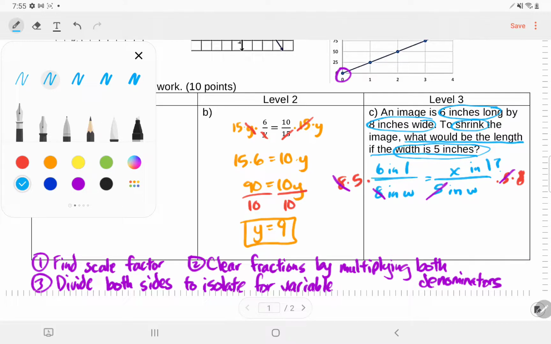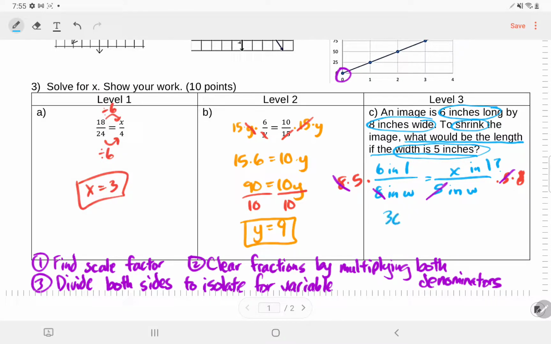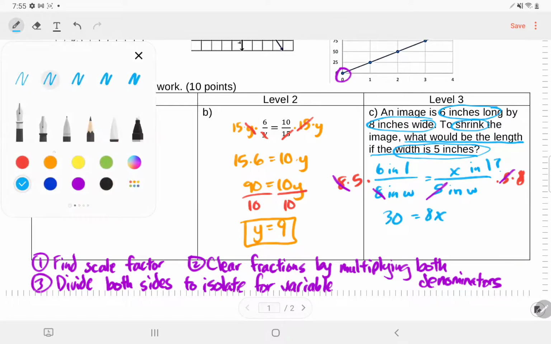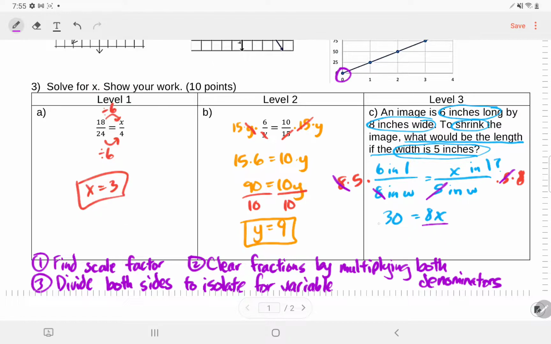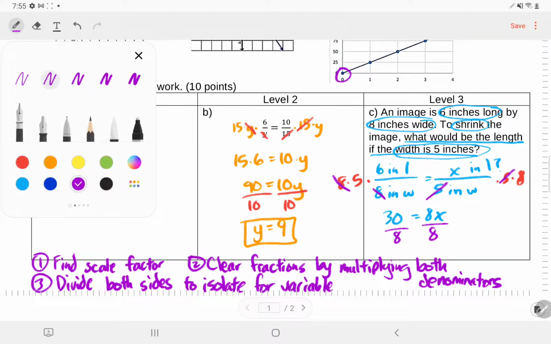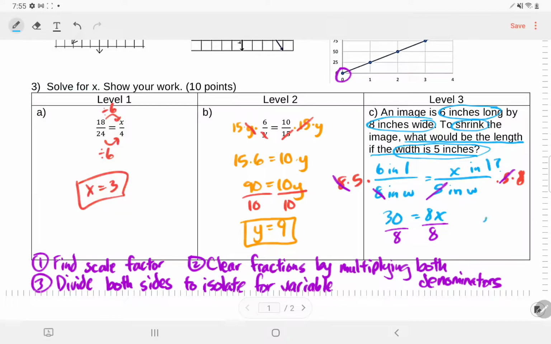Now we have 5 times 6, which is 30, and x times 8, which is 8x. We're going to divide by 8 on both sides to isolate the variable x. So divide by 8, divided by 8, and 30 divided by 8, using some long division.